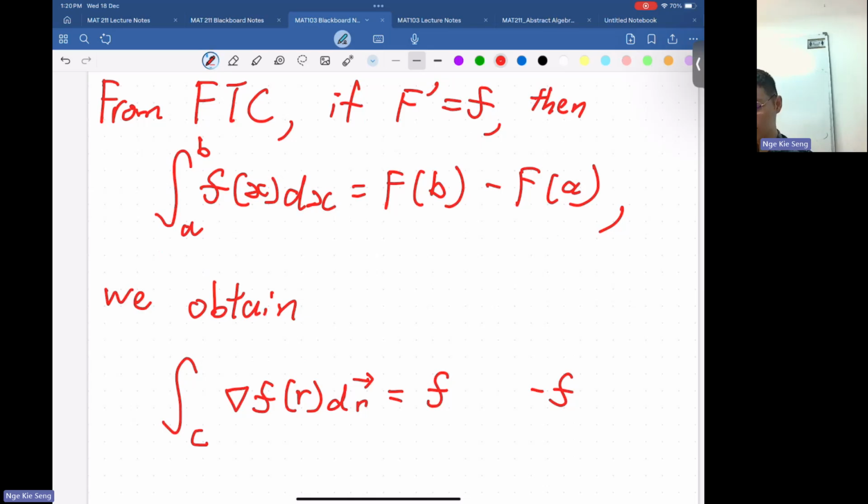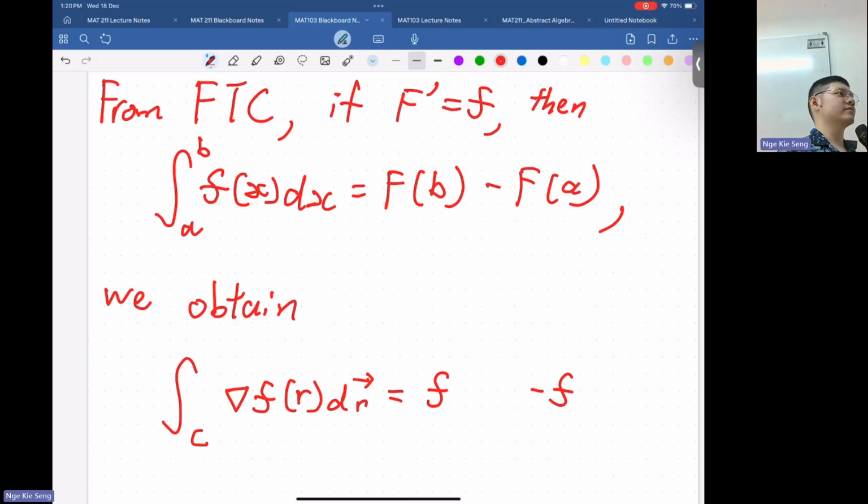What are the 2 points here in this case? What do you think? F evaluated at where? A, B. So what's the A, B now? Where do you get the A? Where do you get the B from? Time. Time for what?